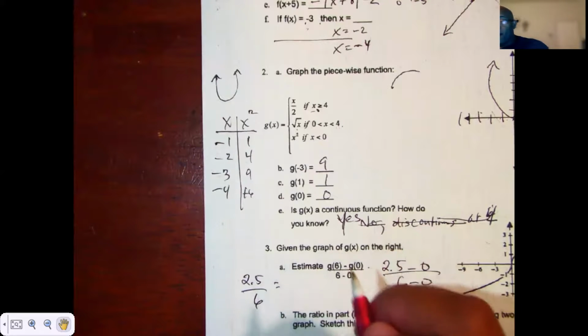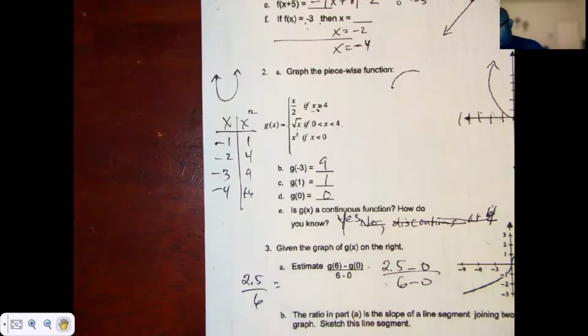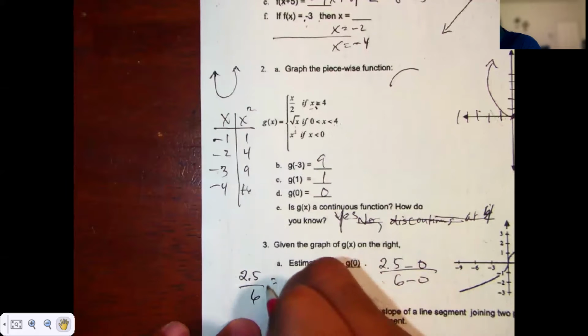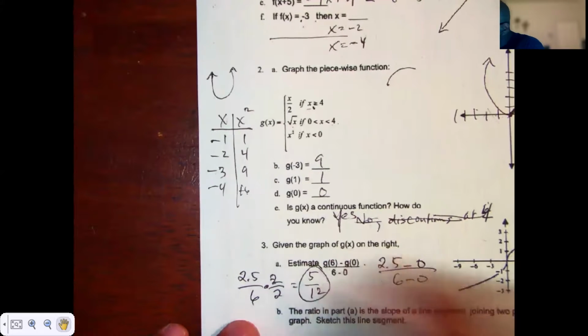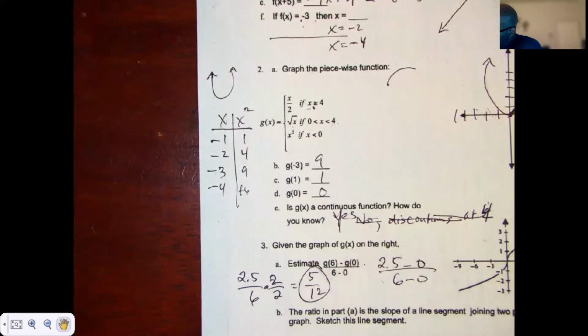If I simplify that on my calculator, go to my phone. Well, if we work it like this, if we multiply by 2, it's going to be 5/12. That's what it is. So it's really 5/12.